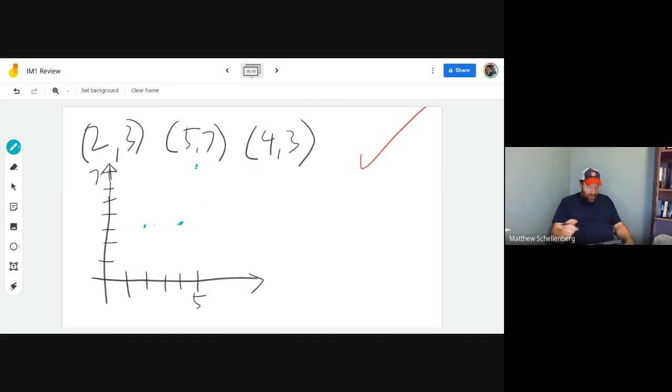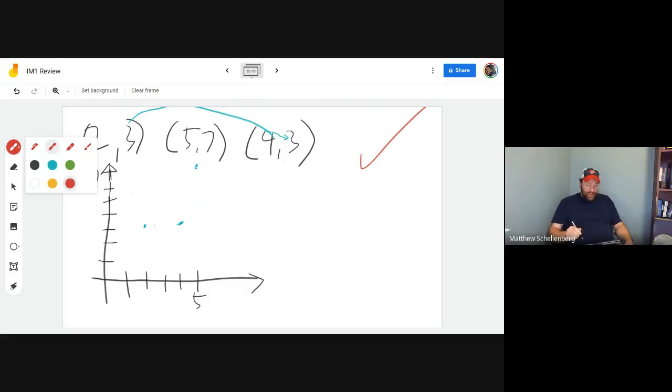Are they on top of each other? No, they're next to each other. That's what it means to have the same y coordinate. They can have the same y coordinate. That's not a problem. It's a problem when they have the same x coordinate, because that means they're on top of each other.